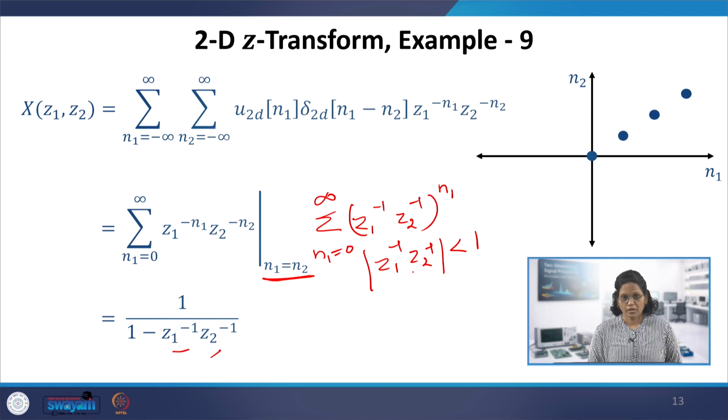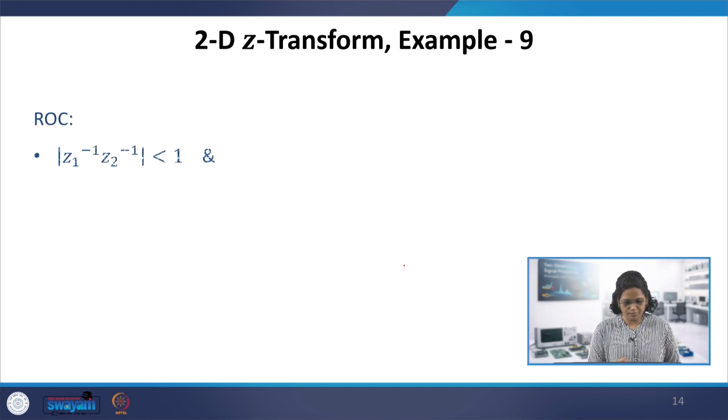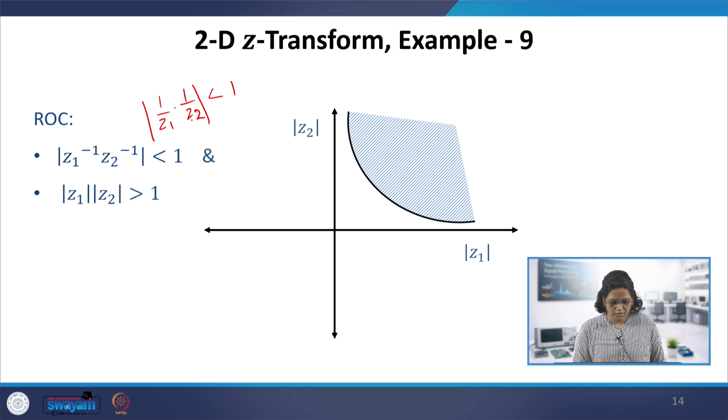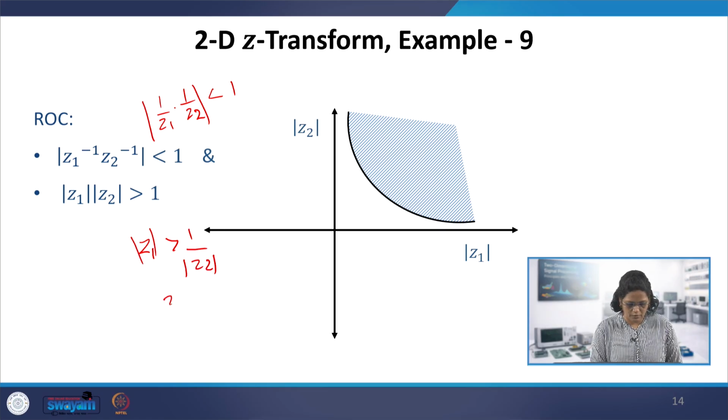What about the ROC of it? The ROC, if you get it from this, is that 1 by Z1 into 1 by Z2 should be less than 1. So the product Z1 Z2 would be greater than 1. It means Z1 is greater than 1 by Z2, or Z2 is greater than 1 by Z1.